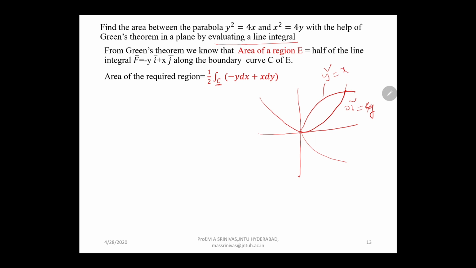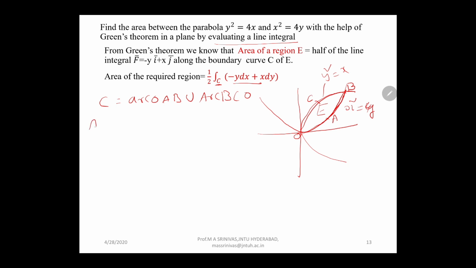Now find the area between the parabolas. This area I want. This area, if I call it E, is equal to half of the line integral of this along this C. Now what is your C? This is O, A, B, C, O. The curve is O, A, B, B, C, O. So C is arc OAB union arc BCO, so along C is the sum of those two.